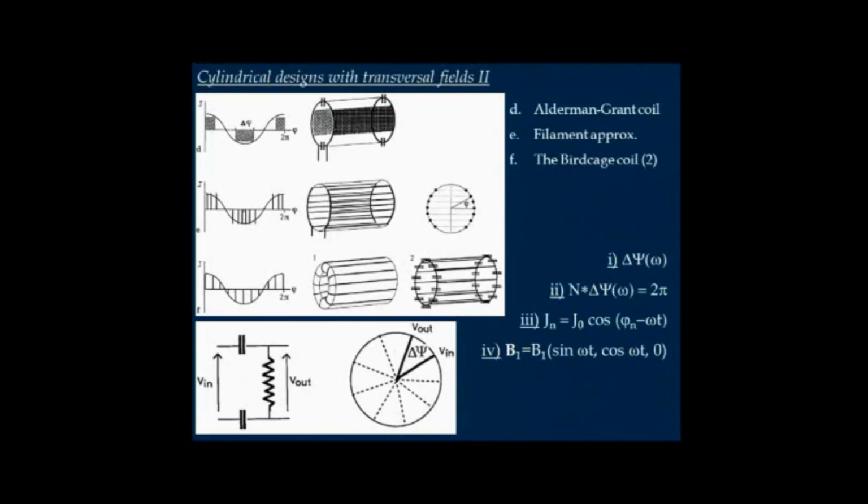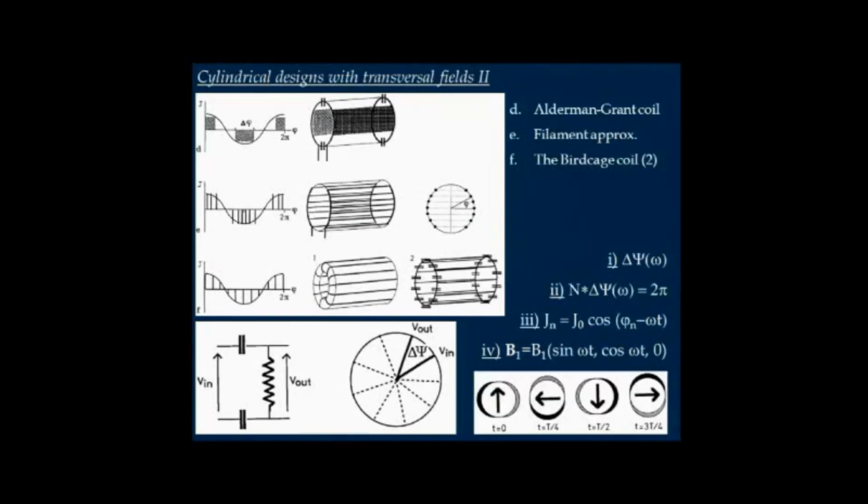If you now look at the current on one of those filaments, on filament N, you get a cosine dependency. And if you imagine that at a certain time point t, then this omega t will just be an angle offset. And you get to the desired sinusoidally modulated current density distribution.